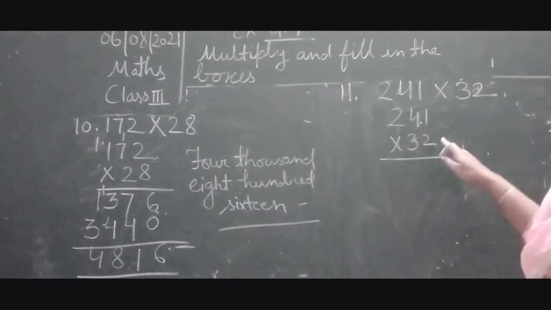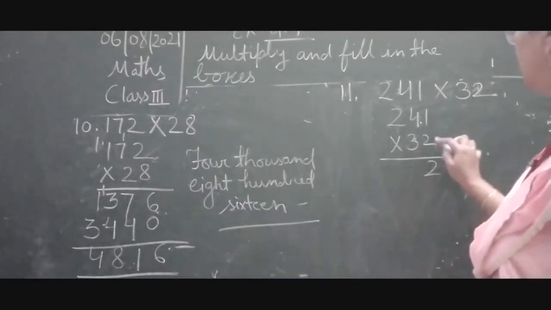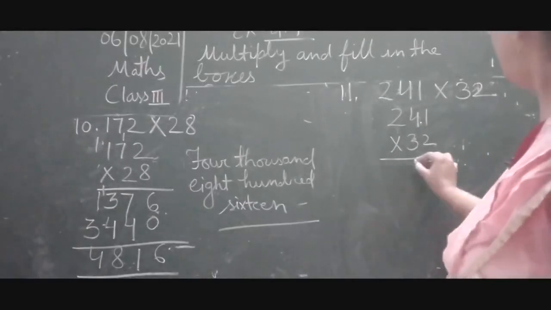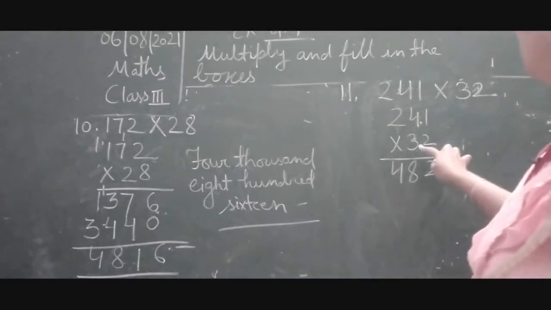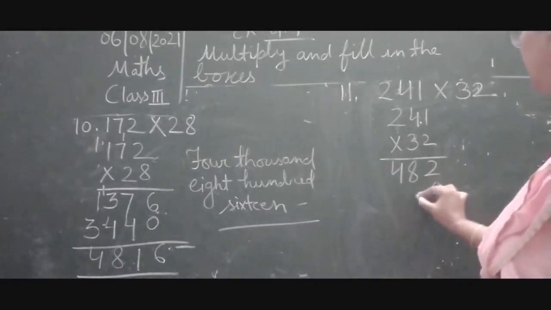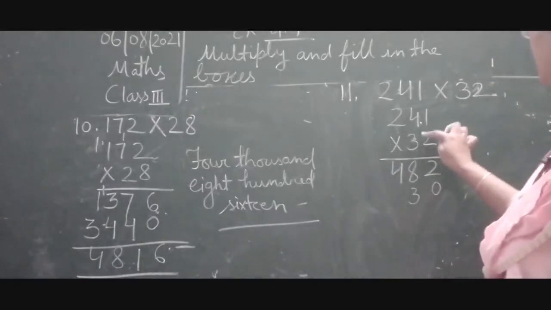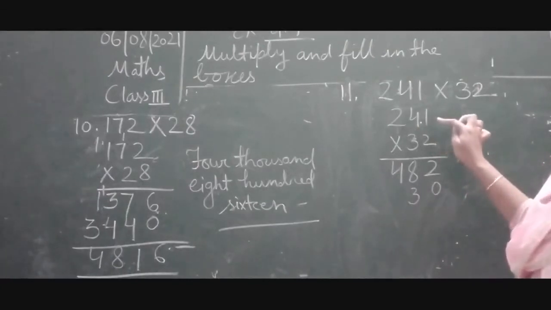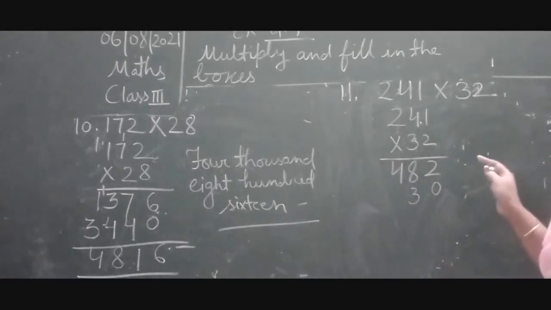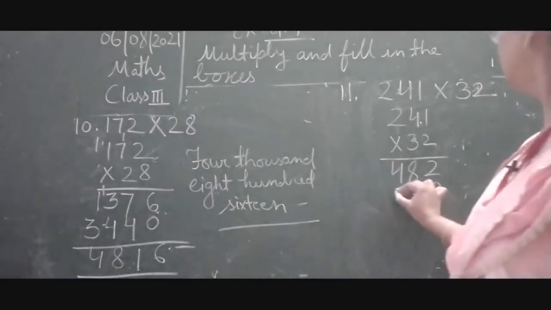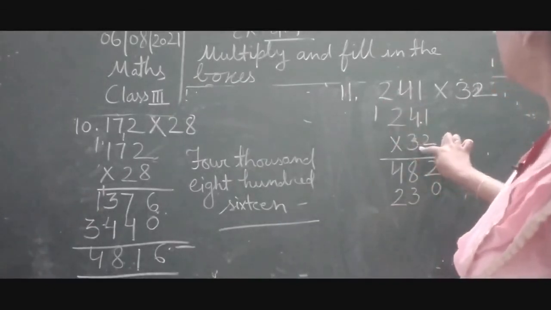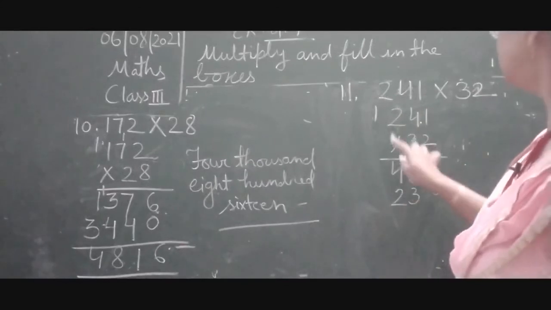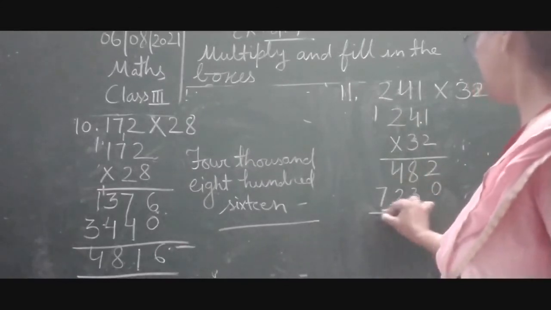We will start. 2 ones are 2, 2 fours are 8, and 2 twos are 4. Now 3 ones are 3, 3 fours are 12. 12 we will write 2, 1 will be carry over, 3 twos are 6, and 1 is 7, children.